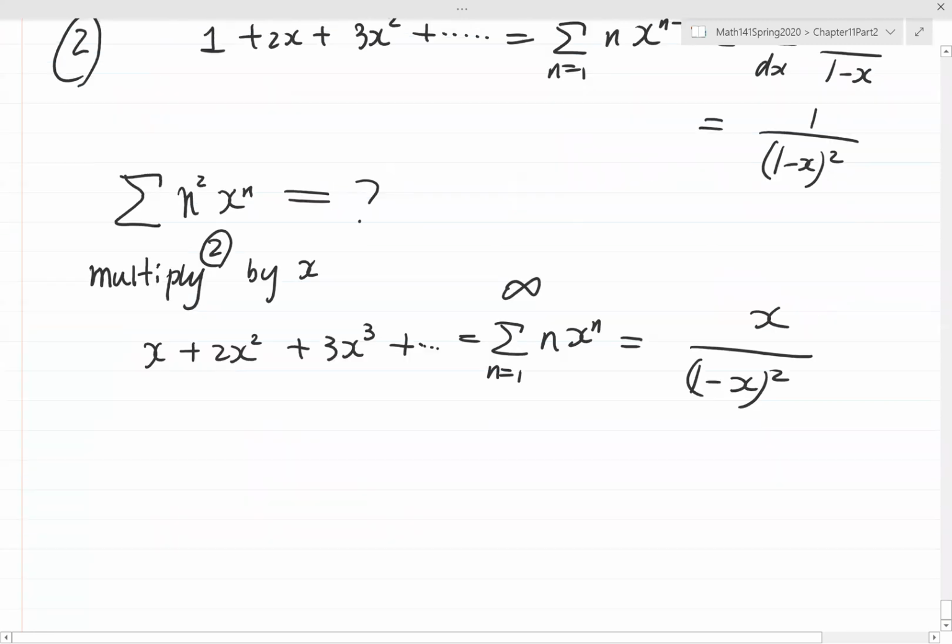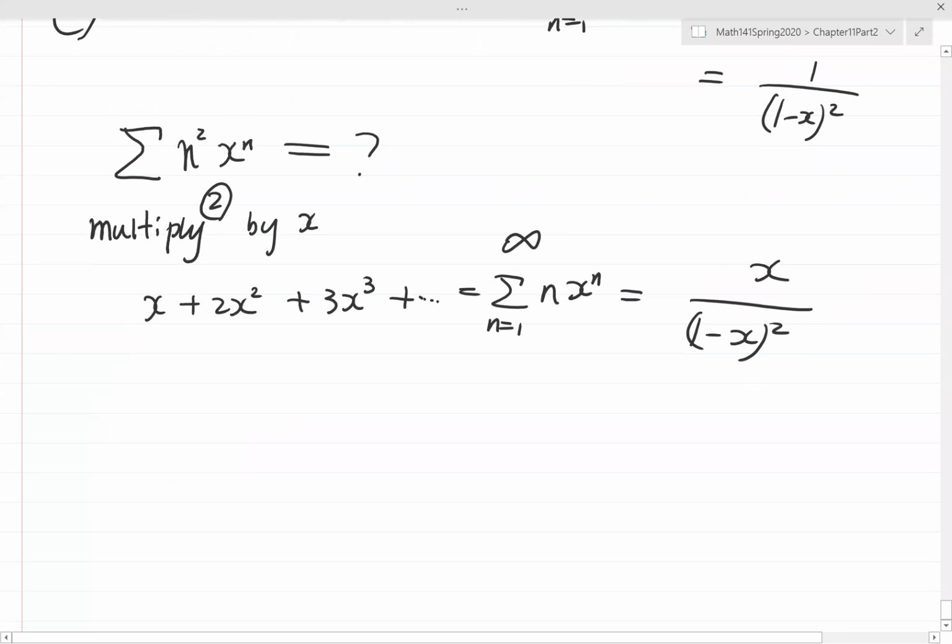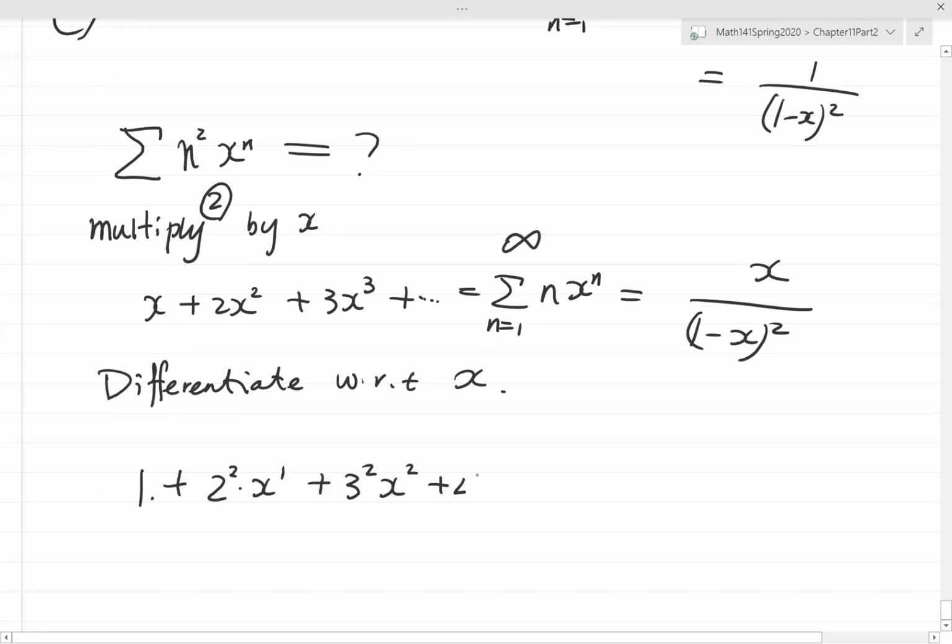Okay. Now you differentiate again with respect to x. Then you get 1 from x, 2 squared x for the 2x squared term, 3 squared x squared, 4 squared x cubed, etc. Then you get the sum of n squared x to the power n minus 1, n from 1 to infinity.